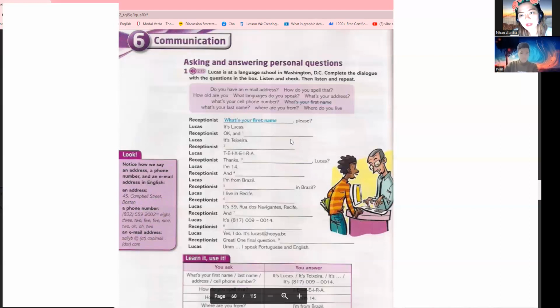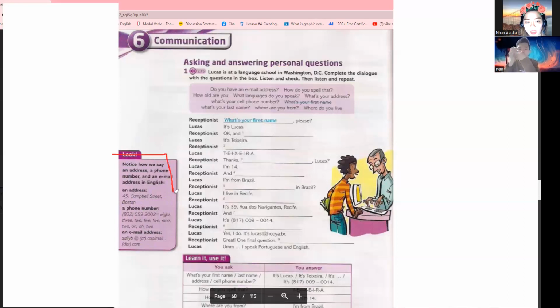In our example in communication, the receptionist is asking Lucas for his personal information. Of course, not everyone knows about it because it's very private.